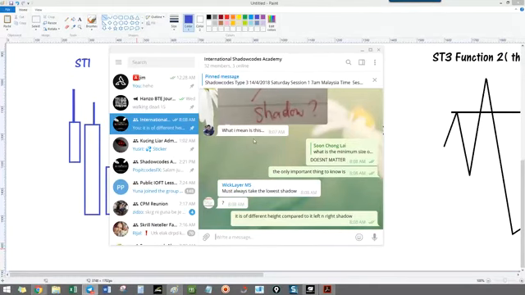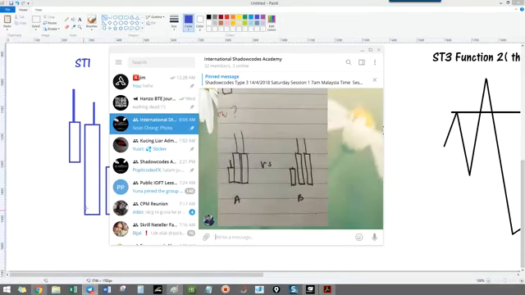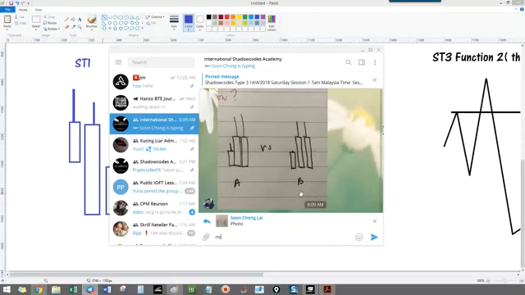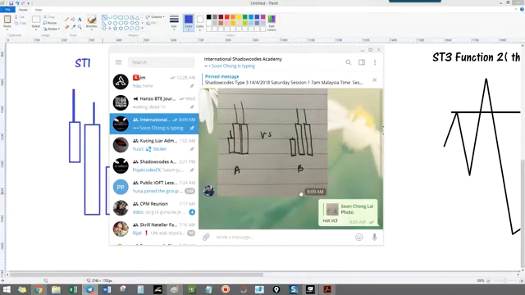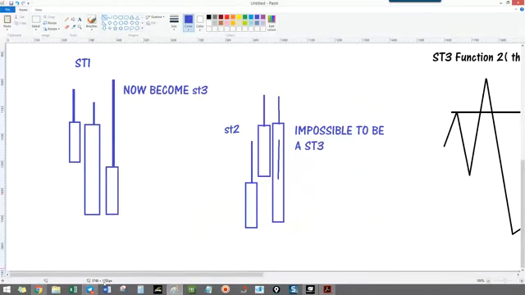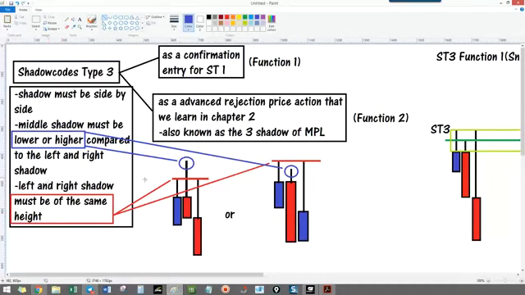What do you mean by lower shadow? We have two setups. Not ST3. The left and right must be the same height. The middle shadow must be lower or higher.